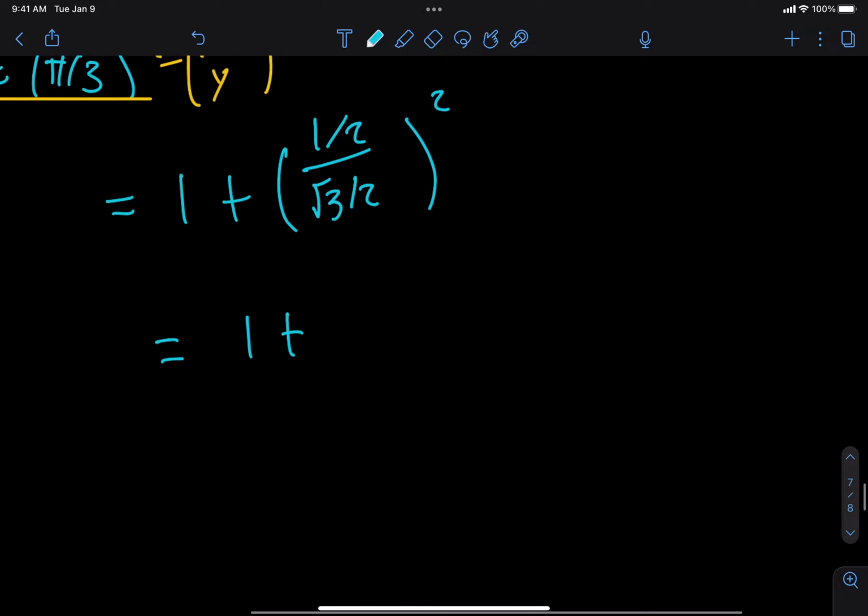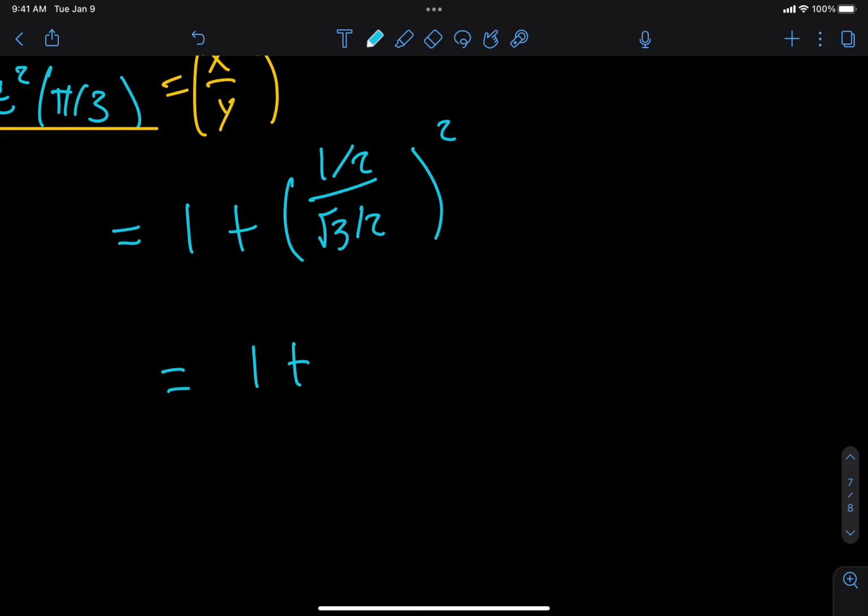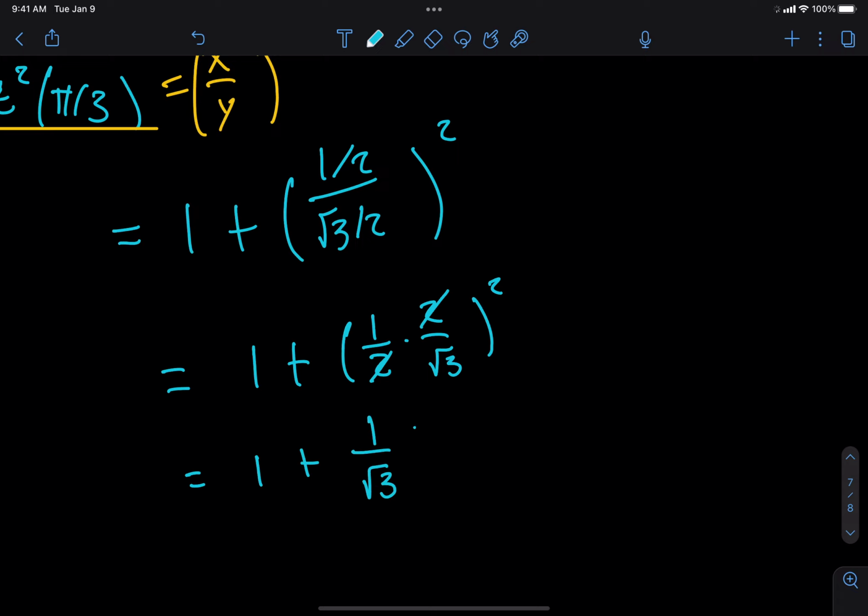I'll go slowly so that we see what happens here. Divide by a fraction, same as multiplying by reciprocal. 1/2 times 2 over the square root of 3, all squared. Cancel the 2's. 1 plus 1 over the square root of 3 squared. What's this number? It's just 1/3.